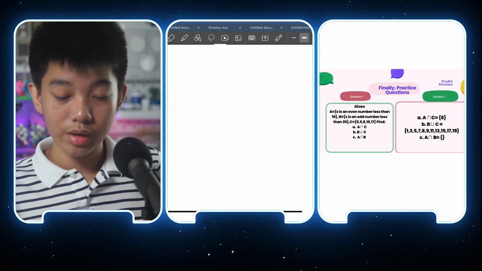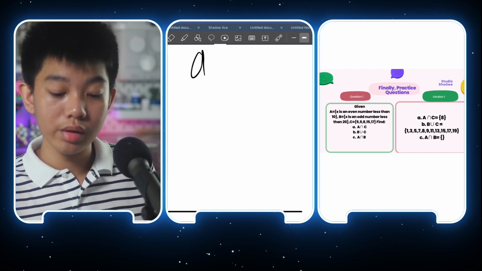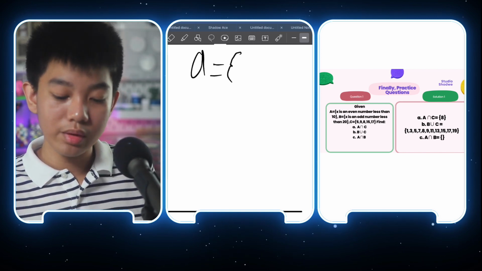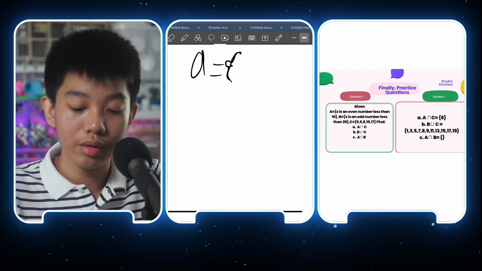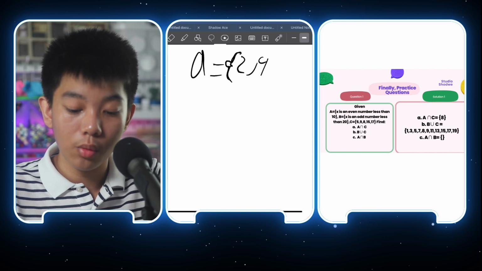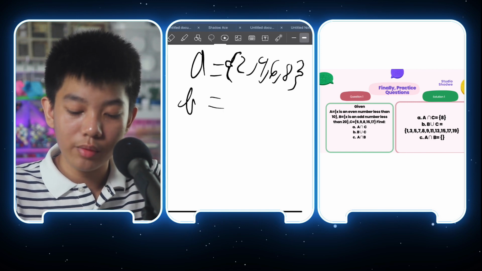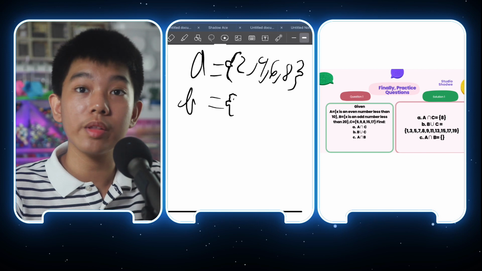Now here's what we're given. We're given three sets. A is a group of even numbers that are less than 10. So 2, 4, 6, 8. B has a group of numbers that are odd and are less than 20.